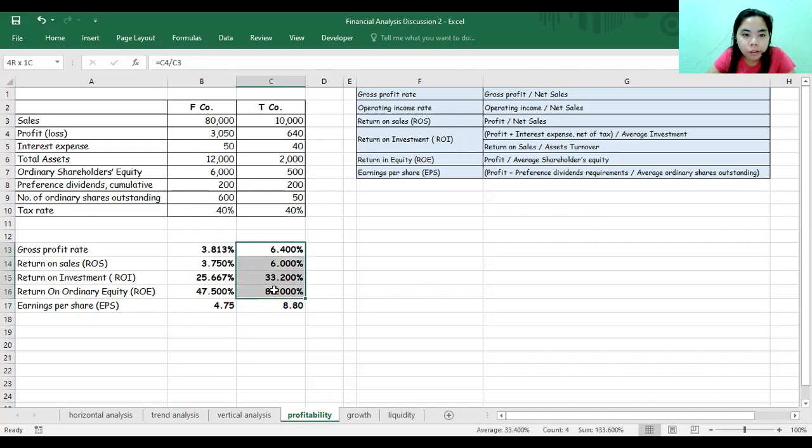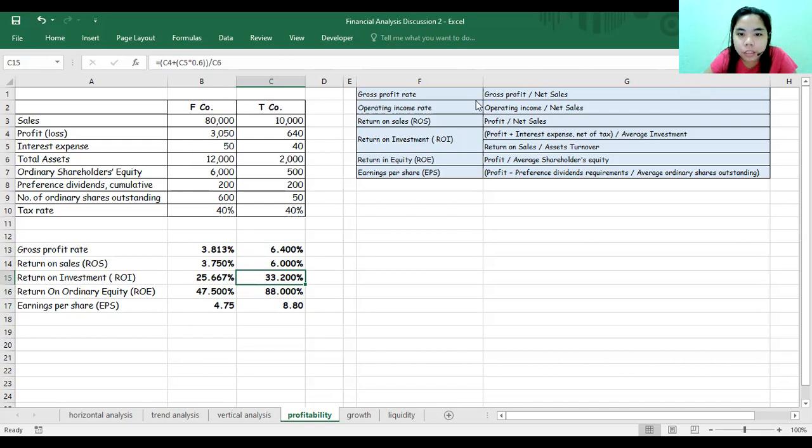When it comes to profitability ratios, it's better to have higher ratios, since we are dealing with profitability. So that's it for the profitability ratios.